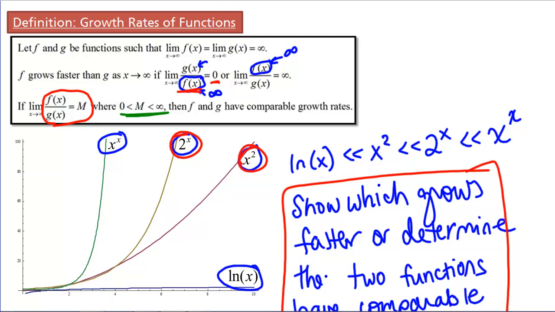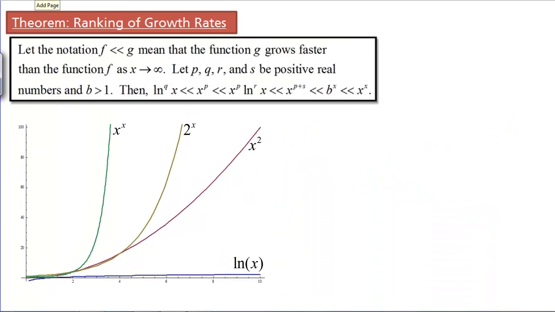And so we have a theorem that tells us a bunch of growth rates. It says that a log or any power of a log is slower than x to any power, which is slower than x to a power times the log, which is slower than x to an even higher power, which is slower than any number raised to the x, which is slower than the biggest thing here, x to the x.